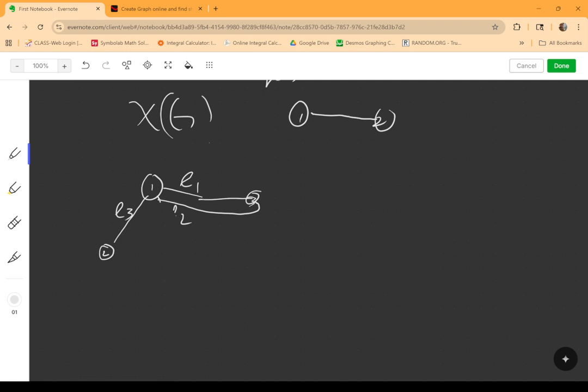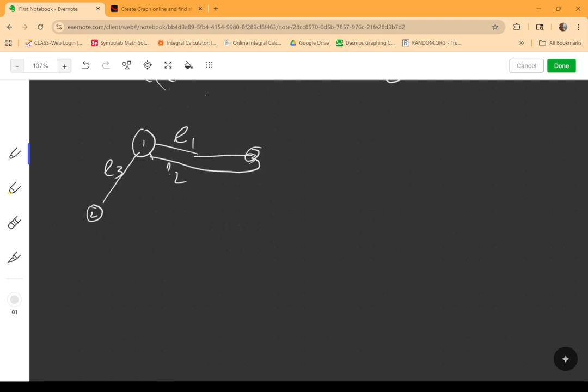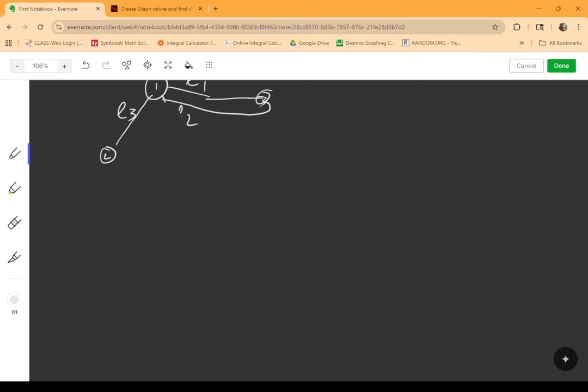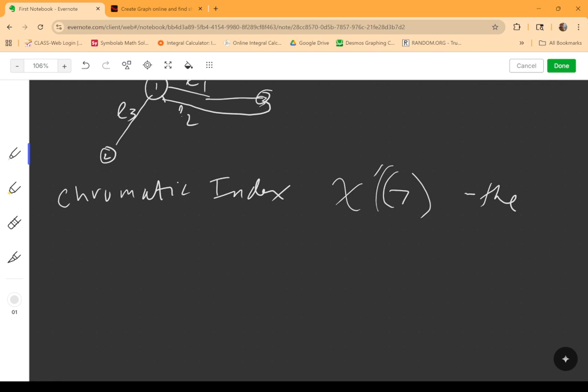Okay, so what we're going to focus on here is what we're going to define as the chromatic index, which we are going to label as chi prime of G. And this is going to be the minimum number of colors needed for a proper edge coloring.